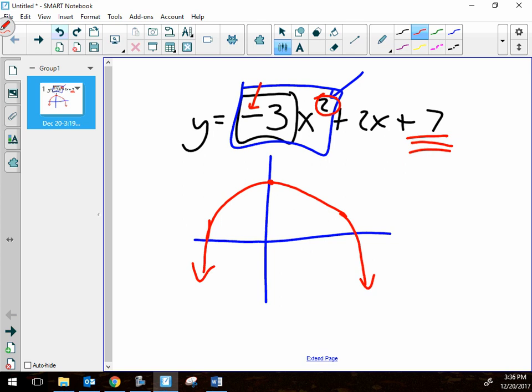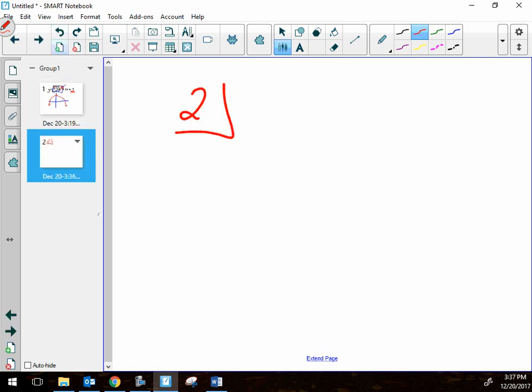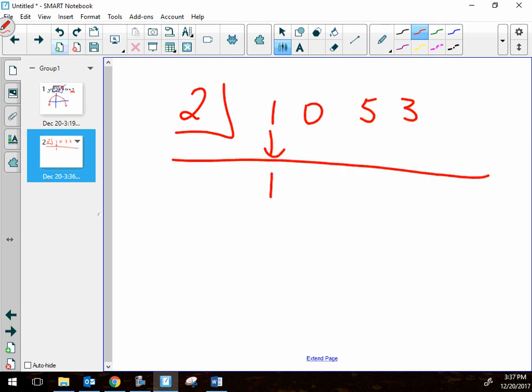So that's how we started off this unit for polynomials. But then it got much more complicated. By the end, we were doing this stuff. Do you remember the whole 2, and then there's a 1, 0, 5, 3, and then do the drop it like it's hot. 1 times 2 is 2, 0 plus 2 is 2, 2 plus 2 is 4. I'm going to make that negative 5. And then negative 5 plus the 4 would make negative 1.